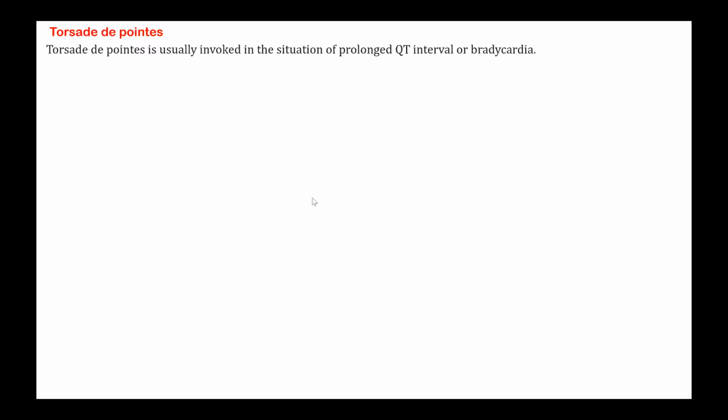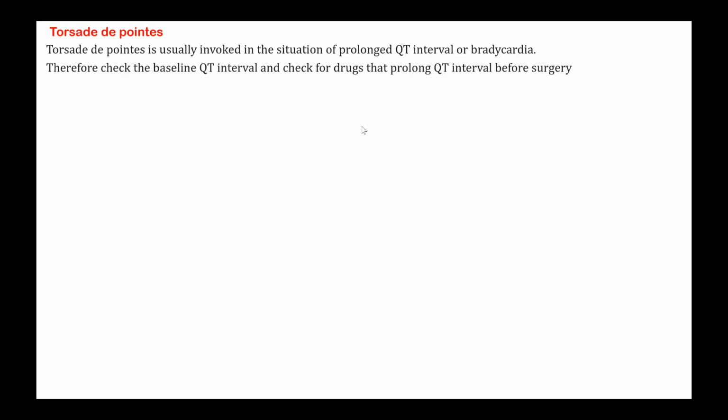And this is a situation again produced by an arrhythmia in the ventricle, involving a prolonged QT interval. So check the baseline QT interval and check for drugs that prolong the QT interval before surgery.